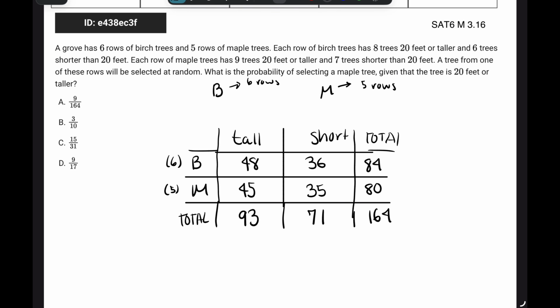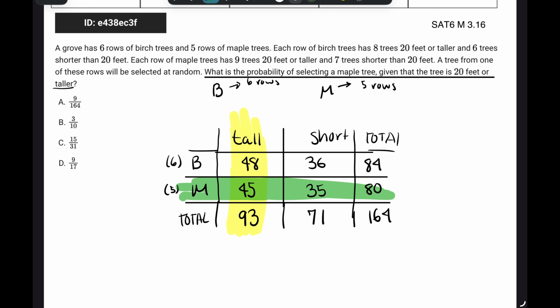Now I'm going to go back to the last sentence to see exactly what I'm doing. We want to know the probability of selecting a maple tree given that the tree is 20 feet or taller. So these are one of the taller trees, so I know I'm looking in this area. I have tall trees. And it says, what is the probability of selecting a maple tree? And maple tree is this row.